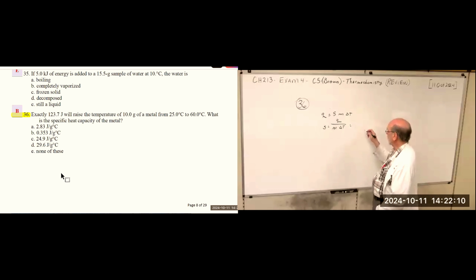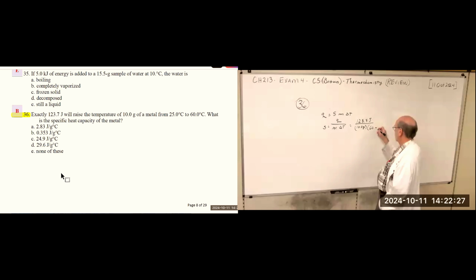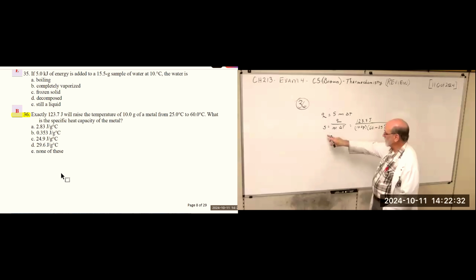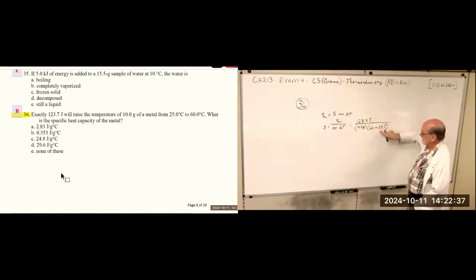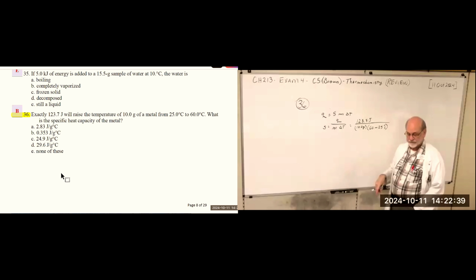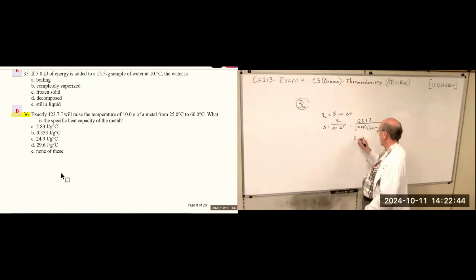So 123.7 joules divided by how many grams? 10 grams. And then delta T from 25 to 60. So 60 minus 25 degrees C. And the units of measure tell us, we know the units here is supposed to be joules per gram degree. Joules per gram degree. So we know we set it up right. And that should be 0.353.